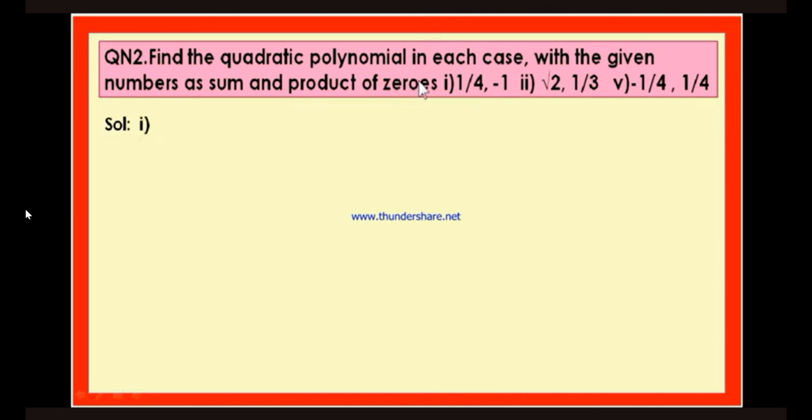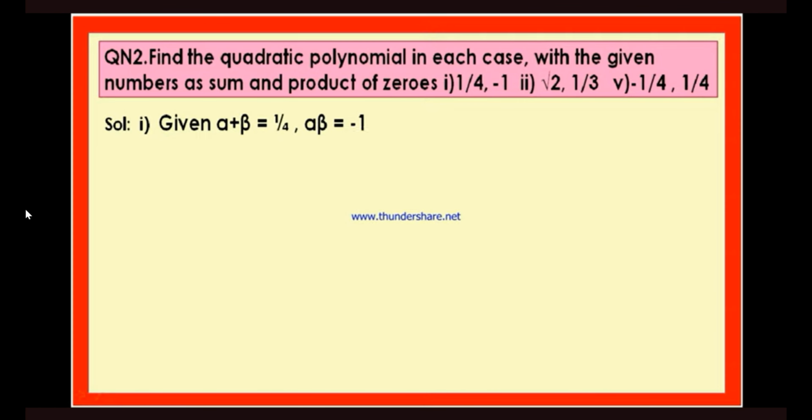Now, in the first bit we have given that the sum of the zeros is 1 by 4 and the product of the zeros is minus 1. If we assume that the zeros are alpha and beta, then the sum of the zeros, alpha plus beta, is 1 by 4 and the product of the zeros, alpha into beta, is minus 1.